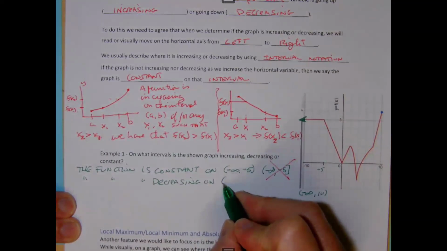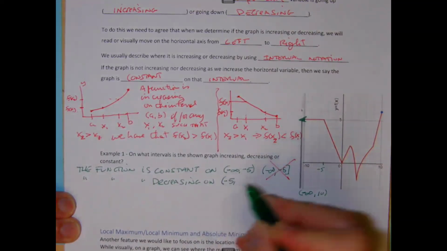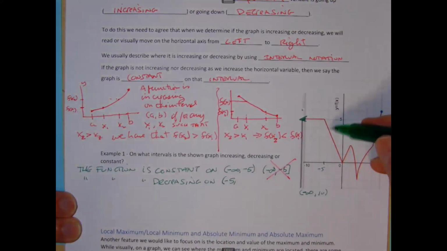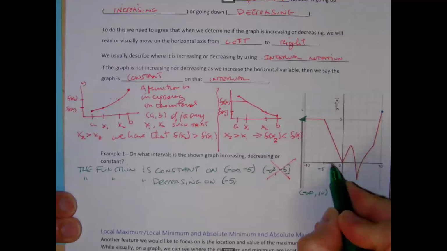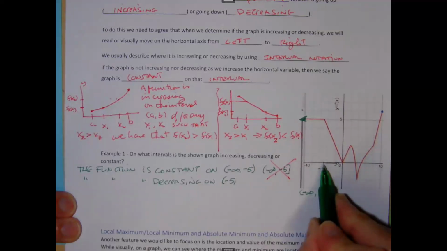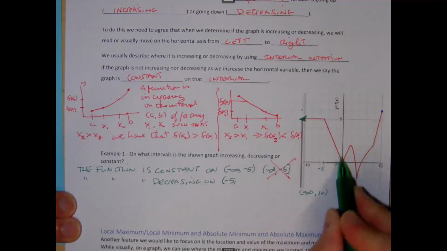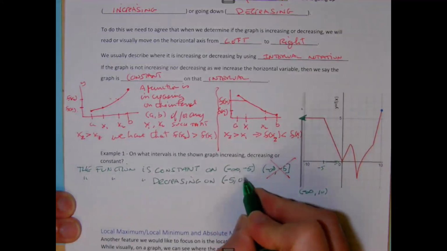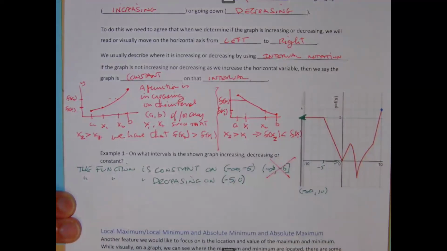So again, open parenthesis, -5, because that's where it starts, but I can't include it. I want to describe an interval where this is happening. And it looks like as I'm going from left to right, reading from smallest to largest here, I am going down, down, down until I reach 0.